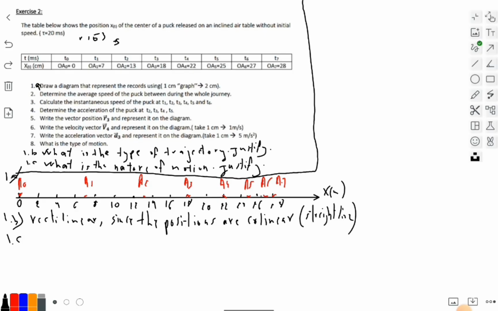1C. What is the nature of motion, justified? We observe that the distance between the positions is decreasing with time. So the motion is UDRM, since the distance between the positions decreases with time.